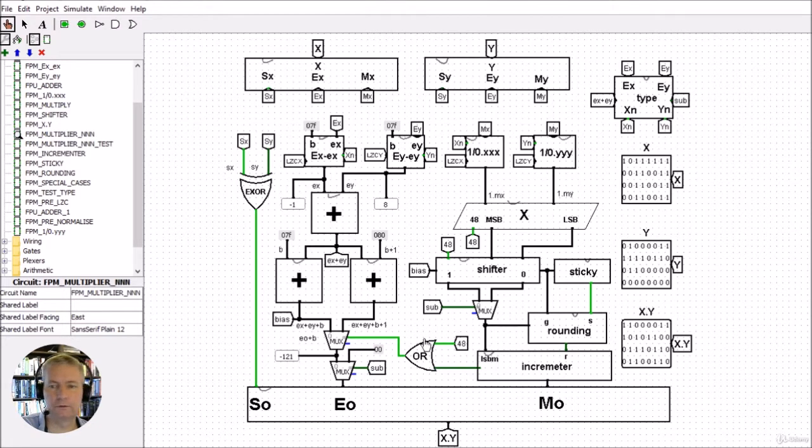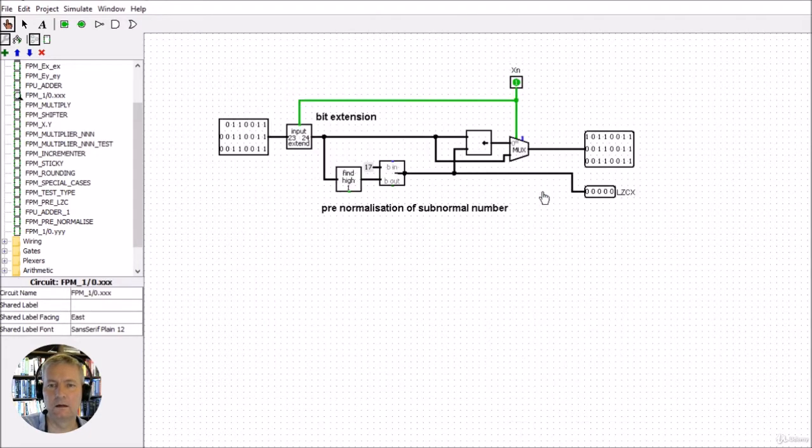So the next thing we want to do is look and see what's going to happen at our mantissa section. So if we head in here, we can see here that the value for the xn is a value of 1, that is it's a normal input. So if it's a normal input, it means that we're going to bit extend this.